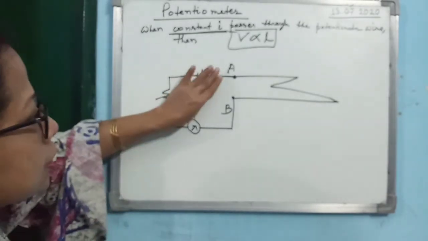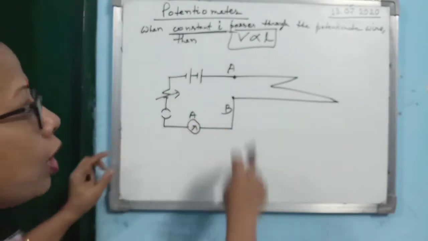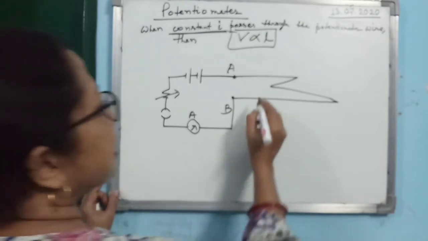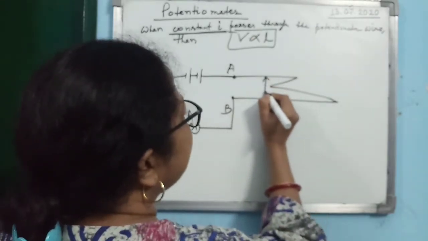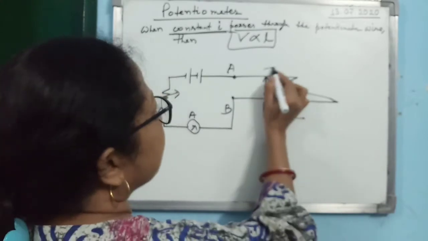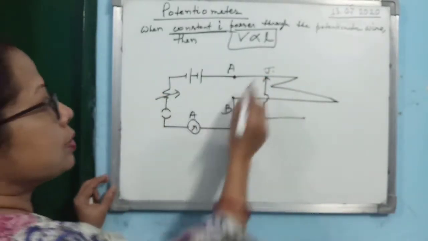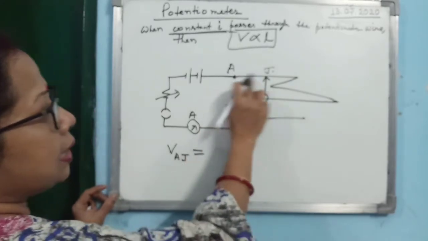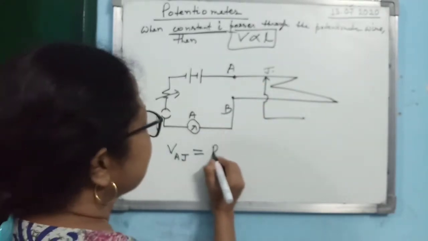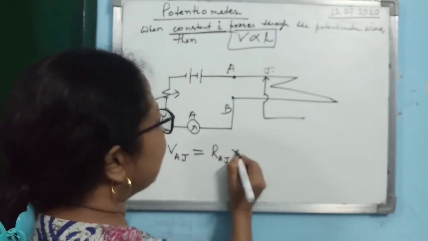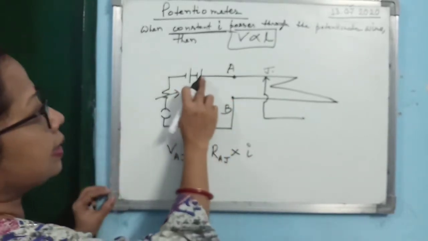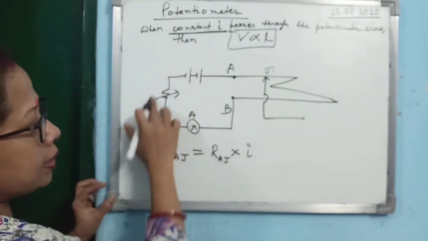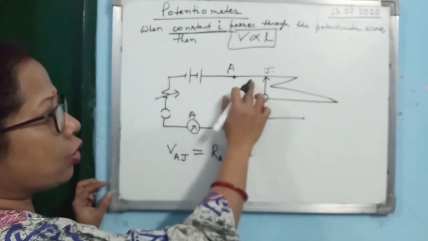So this part of the circuit is common for every potentiometer circuit. And what is the purpose of this circuit? To send constant current through this point. Is that clear? Now let us consider that we have connected the jockey at this point. Now you see what will be the potential across AJ. It will be the resistance of AJ multiplied by the constant current this battery is sending through it, because this part is the circuit which is sending constant current through it.